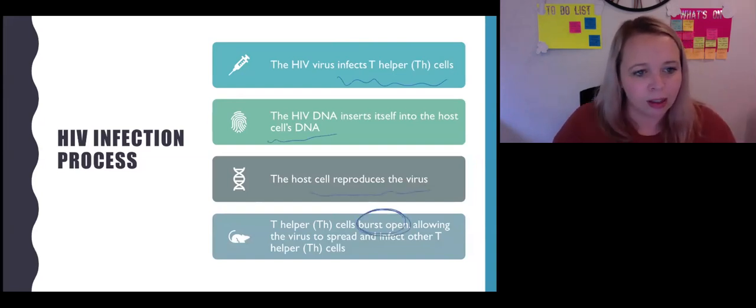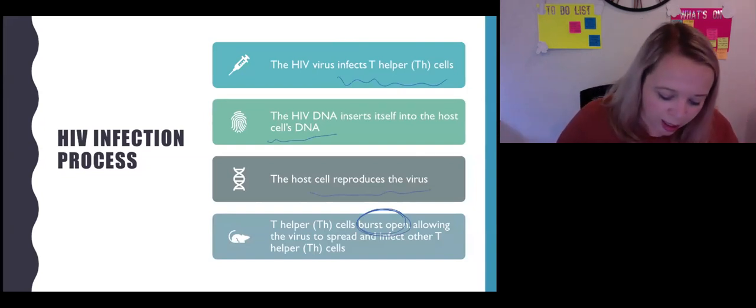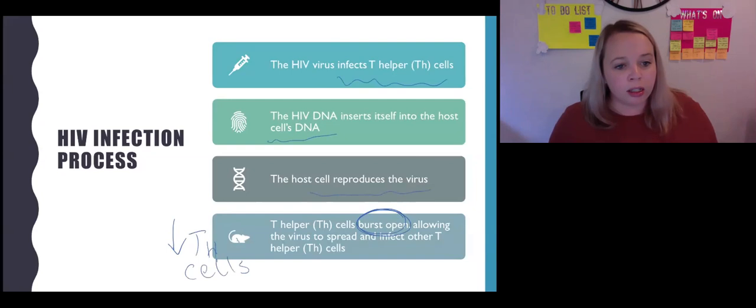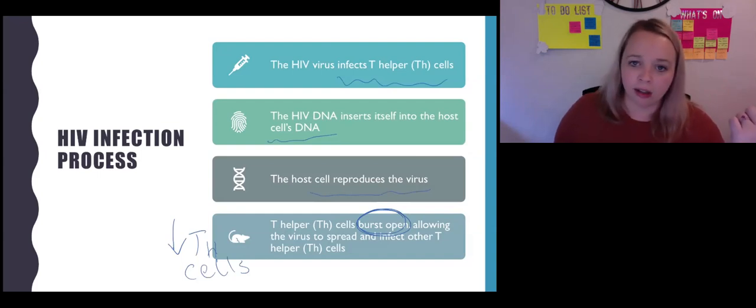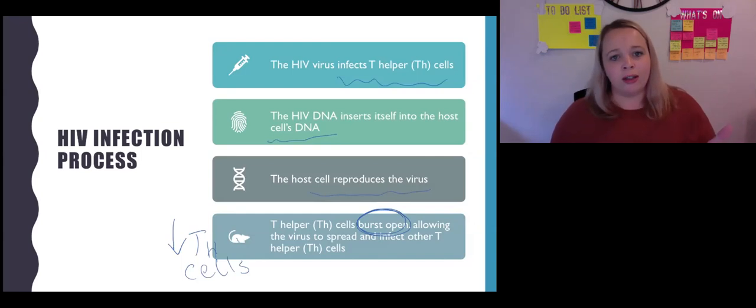The T helper cells are going to burst open. That means you get a decrease in T helper cells. Okay? If you get a decrease in T helper cells, what can't you do? You can't activate B plasmids, you can't activate cytotoxic Ts, and so your whole immune system is deficient. It starts to decrease its ability.